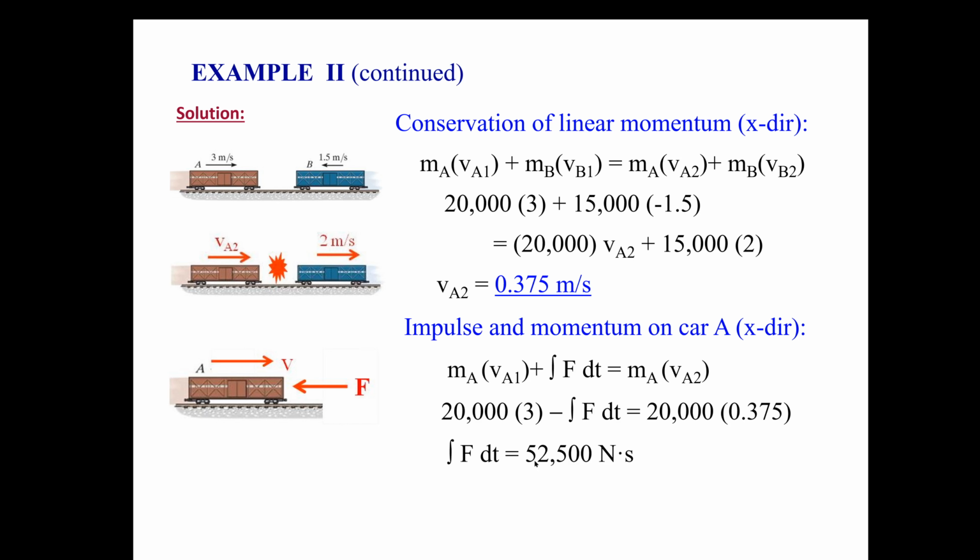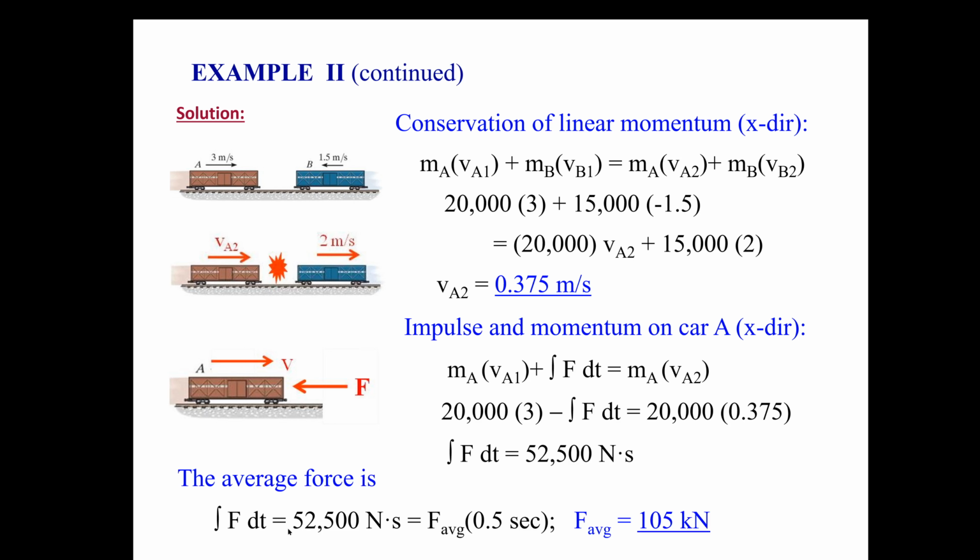Solving for the impulse comes up to 52,500 newton-seconds. And now we know the time, 0.5 seconds. The impulse is the average force times 0.5 seconds, so the average force is 105 kilonewtons, okay? And that was the answer the problem was asking for.